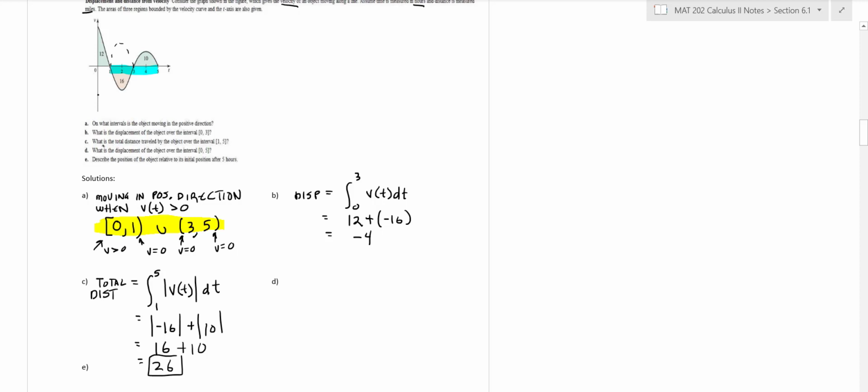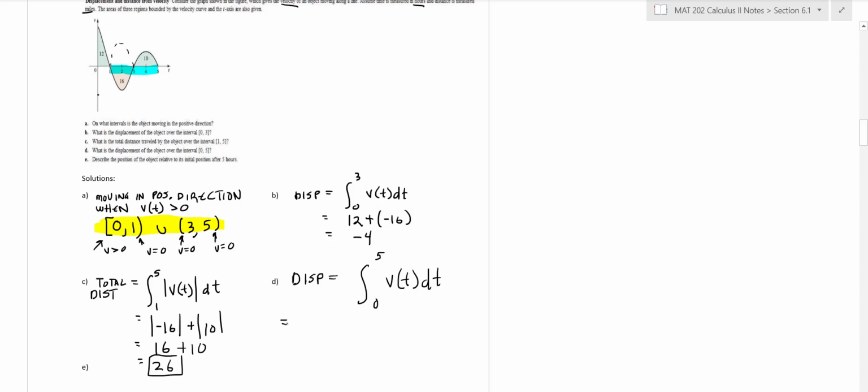Okay. All right, next question is, what's the displacement of the object over 0 to 5? So again, the displacement is an integral. So we're going to go from 0 to 5, and we're going to integrate the velocity v of t dt like this. Now, you don't have to write this down.